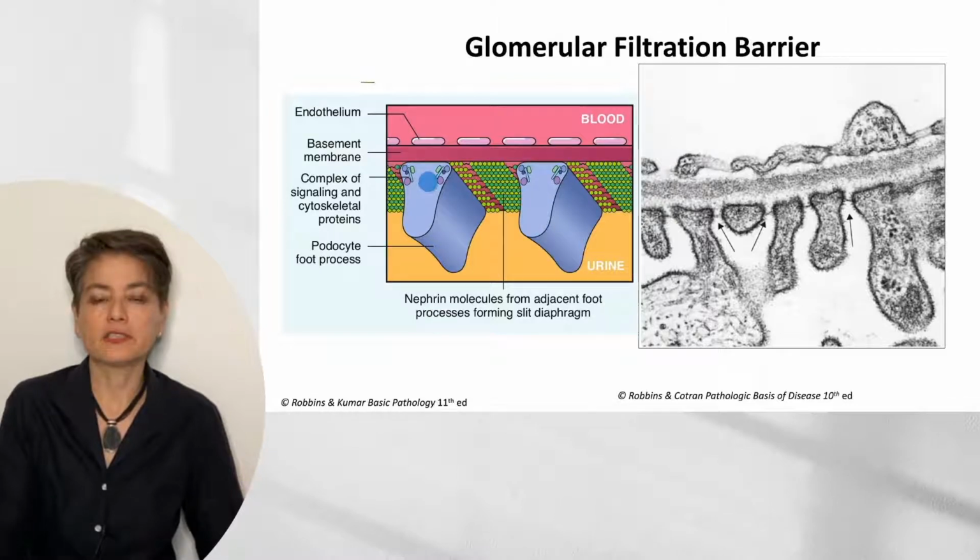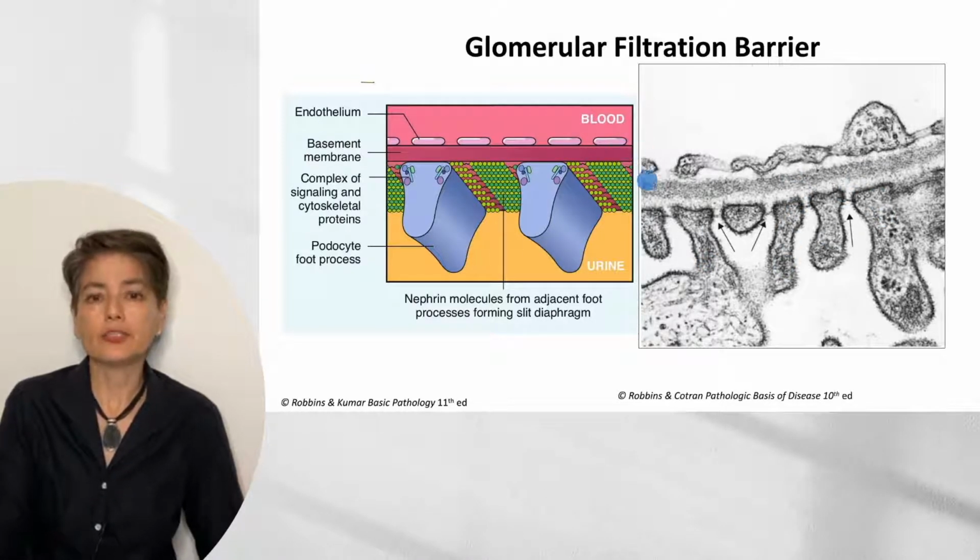And the foot processes are going to have these protein moieties that span across here, which is going to determine the size of the protein molecules that can enter the urinary space. And here you can see a beautiful electron micrograph with the fenestrated endothelium on top. There's a fenestra or window, our basement membrane, and then our foot processes of the podocyte here.